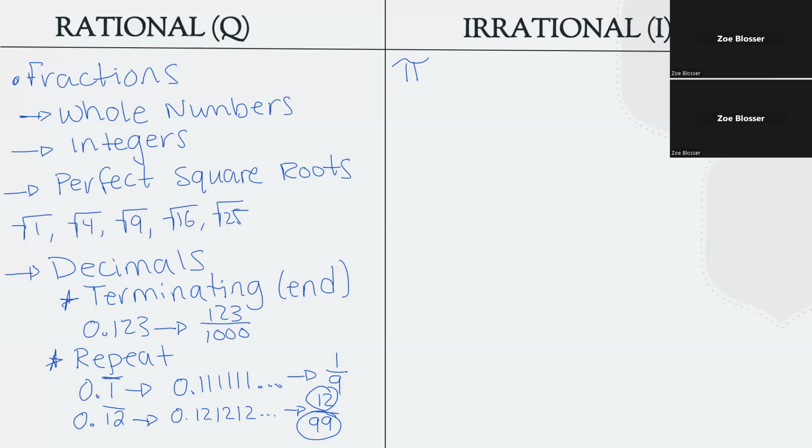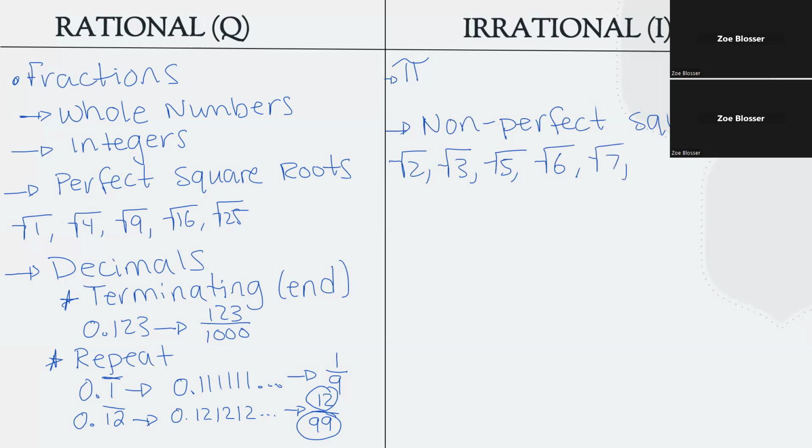The next would be non-perfect square roots. So anything between these perfect squares, so like the square root of 2, the square root of 3, the square root of 5, the square root of 6, the square root of 7.